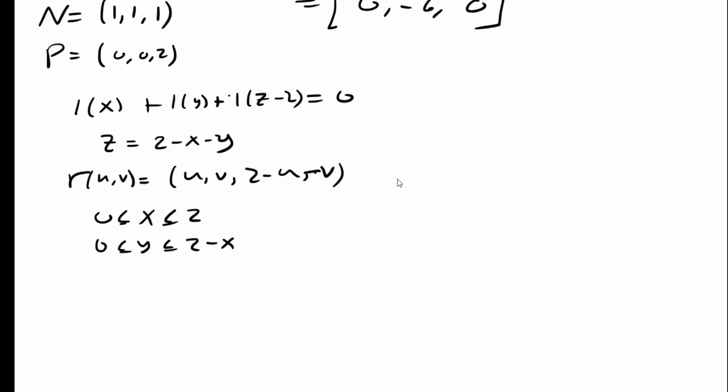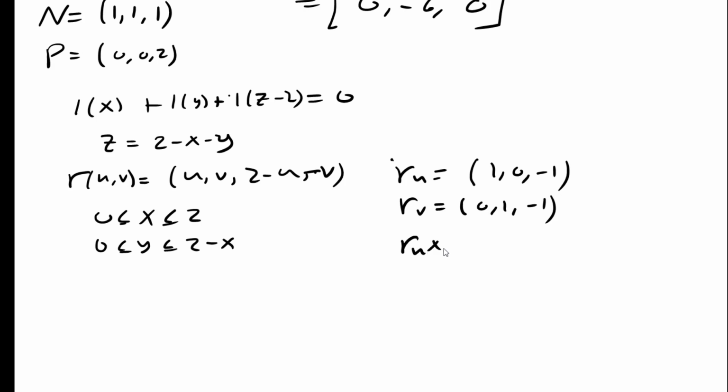Okay, so I need to compute r_u, the derivative of r with respect to u. This is the vector (1, 0, -1). r_v is (0, 1, -1). r_u cross r_v is the determinant with i, j, k over (1, 0, -1) and (0, 1, -1).